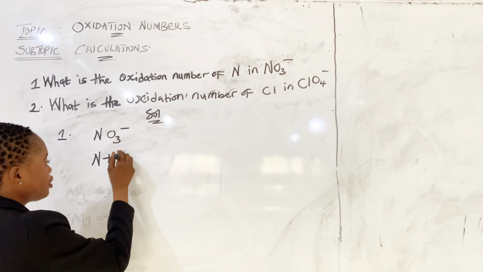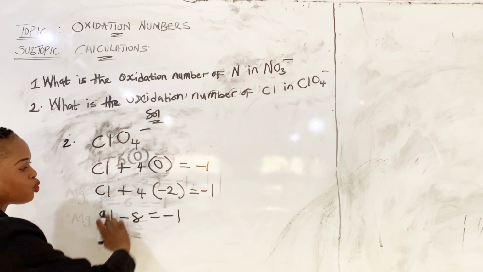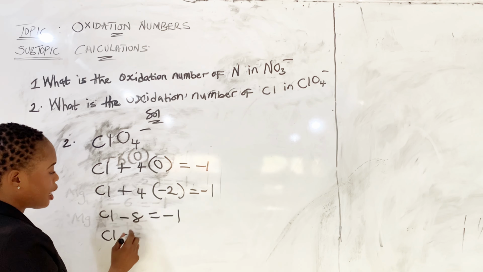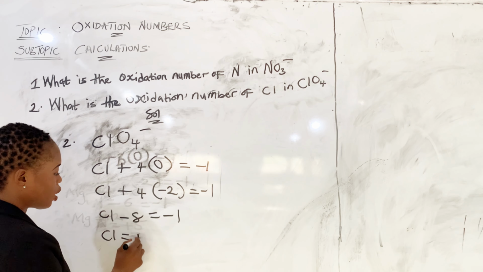So chlorine plus times minus is minus. Minus 2 times 4 is 8, equals to what? -1. Cl is equal to, your -8 will go over your equal to sign and then becomes positive. So our answer is plus 7. So that is to say that chlorine in ClO4 minus is plus 7. That we can move on to other examples.